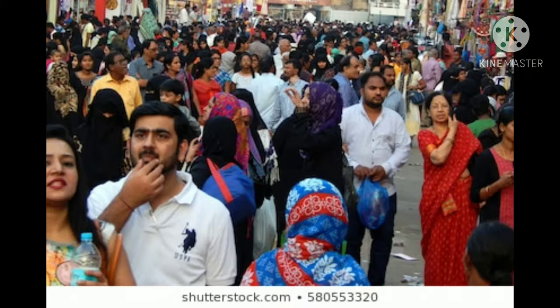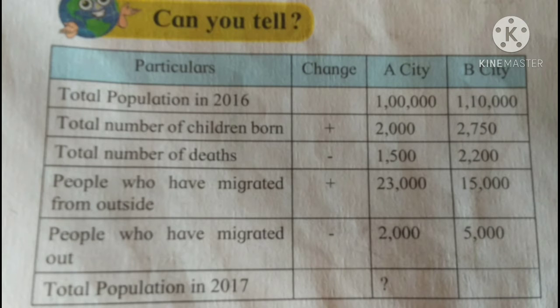Now see this on page number 42, you can see this table. In that table you can see A city and B city. Particulars are given: total population in 2016. In A city it is 1 lakh and in B city it is 1 lakh 10,000.